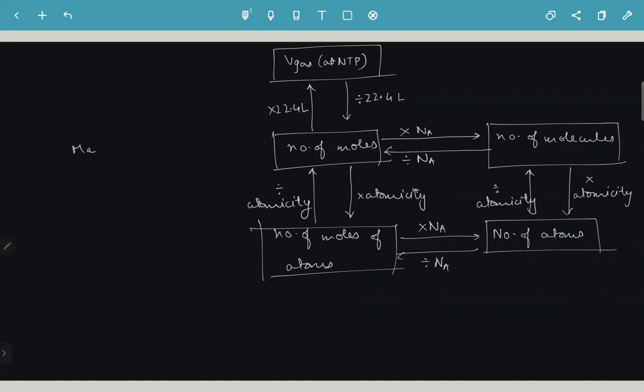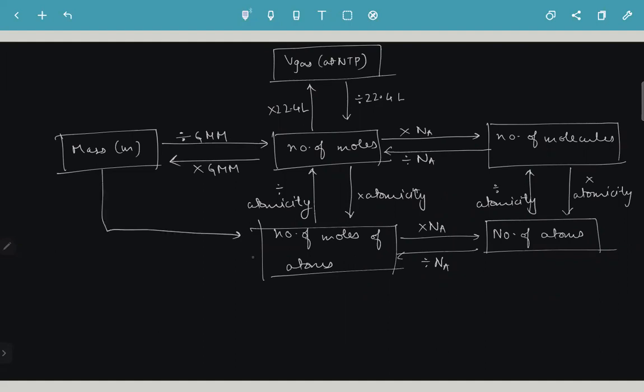ठीक है, और इन सबको मास से भी रिलेट कर सकते हैं. Mass divided by gram molecular mass will be number of moles. And number of moles multiplied by gram molecular mass will be mass. For elements, we can use one more relation.